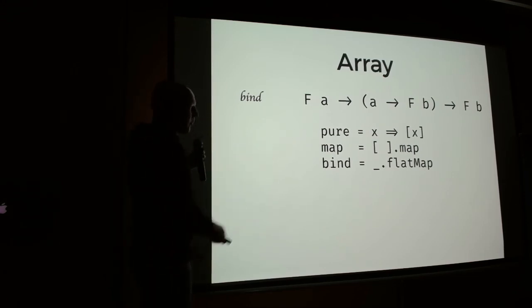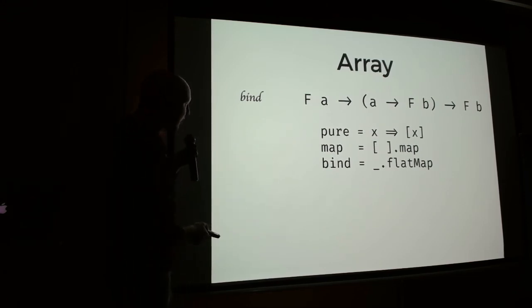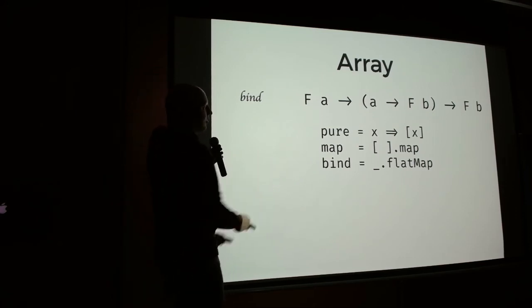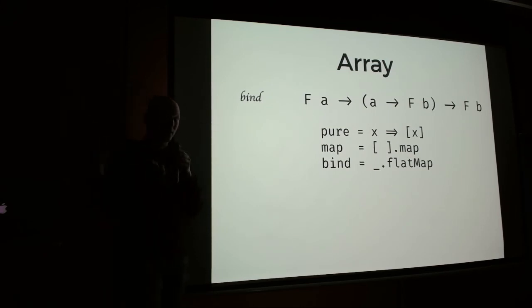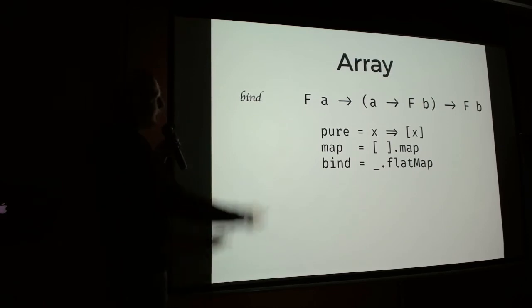Map is just map from array prototype, right? And then bind is a flatMap from Lodash. It has different names, this function. You have an array of arrays, right? Arrays are functors, it's applied twice, it's an array of arrays, but everyone here knows how to get an array out of an array of arrays. You just flatten them, right? You just concatenate whatever arrays are inside one array, and you get a one-dimensional array. So that's the array monad.